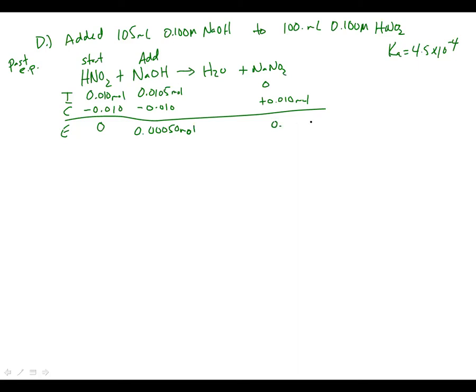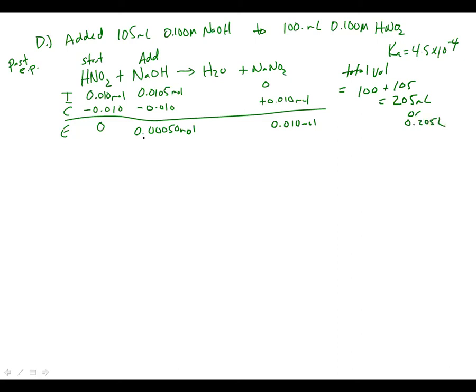0.01 moles. Again, at this point, our total volume is going to be 100 milliliters we started with. We added 105 milliliters of our base. That is 205 milliliters, our 0.205 liters.